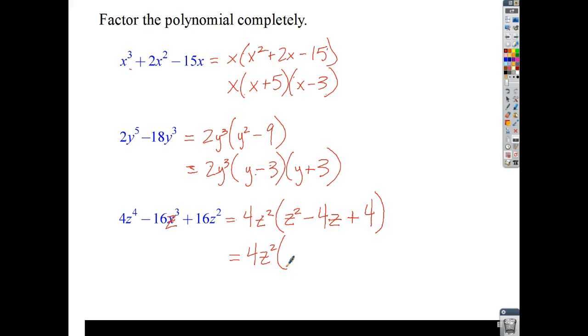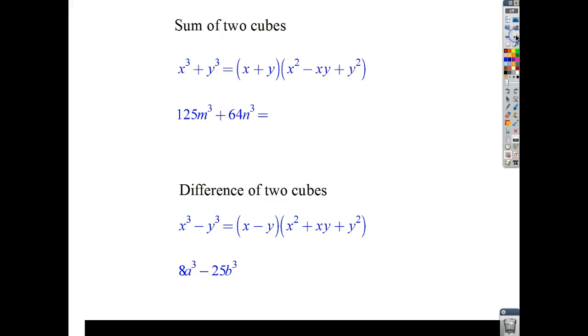So I'm going to take z squared minus 4z plus 4, and I can say z minus 2 squared, right? z times z is z squared, 2 times 2 is 4, 2 times z times 2 is 4z. Okay, and there we go. There you have it. All right, try another one.